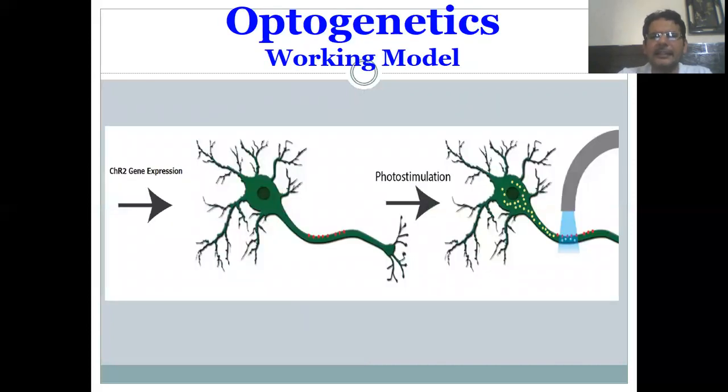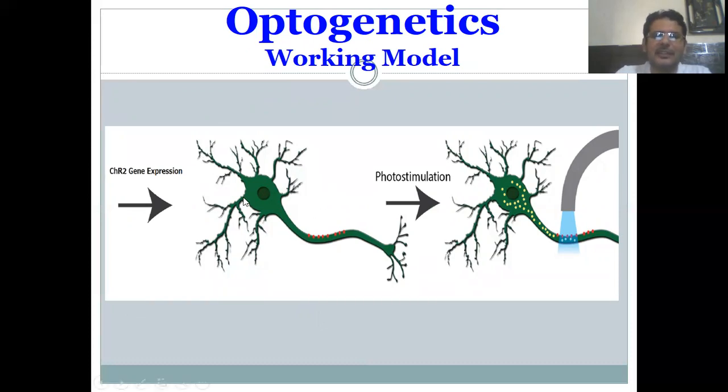And this is a technique I was working on in Japan, and this is called optogenetics. Opto means light, and genetics means genetics. So in this case, we use the light to actually make changes in the neuron. So this is a very interesting thing.